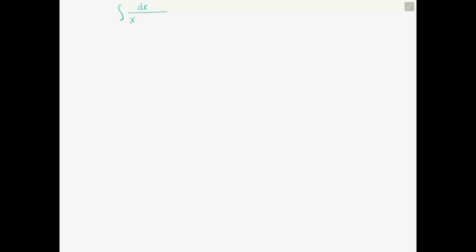We're going to look at the integral of dx over x times the square root of x squared minus a squared. And we use a regular trig substitution here where we say x equals a secant theta and dx equals a secant theta tan theta d theta.